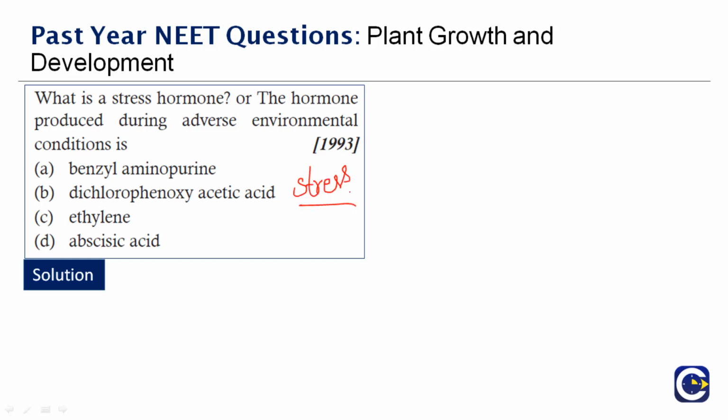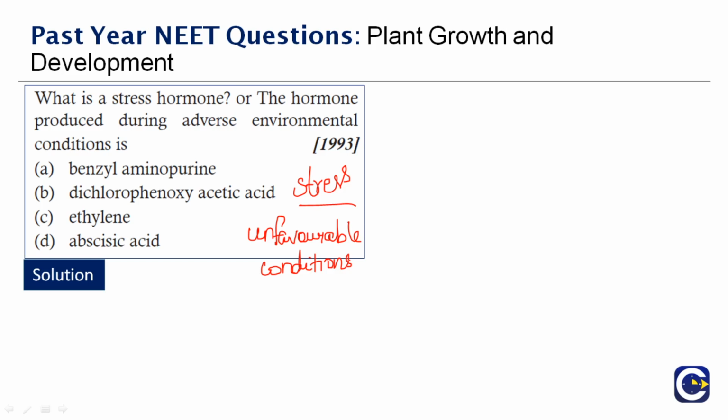When we talk about stress in terms of plants, it always refers to unfavorable conditions. The plant will undergo certain adverse conditions like drought, or there is no proper water system, there is no proper sunlight, or there is no sunlight at all. These are all the adverse conditions that the plant will experience.